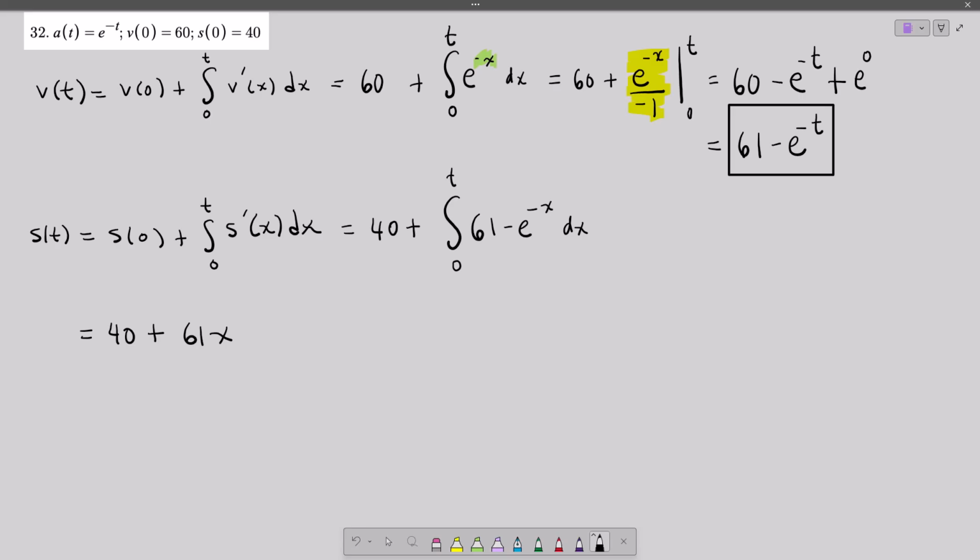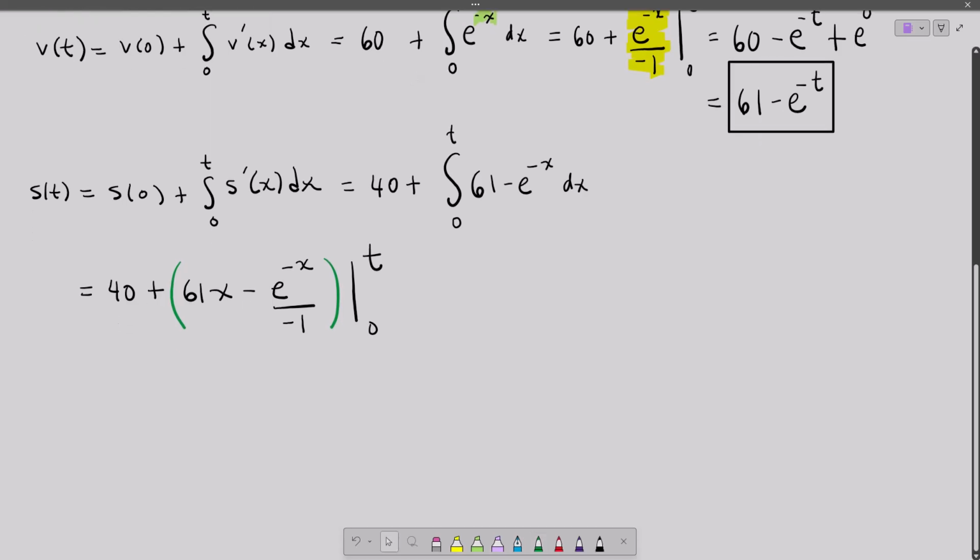But we have a minus there. So it's going to be minus e to the negative x itself divided by -1, 0 to t, and we can even put parentheses in here if we want to distinguish that that's the antiderivative.